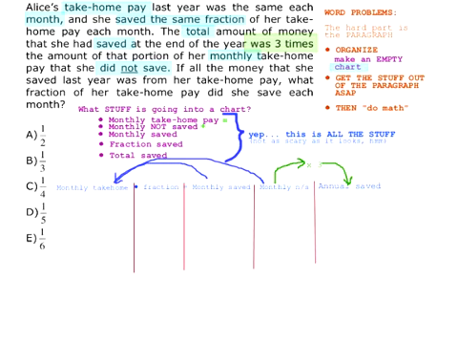Yeah, it's 12 times the monthly saved, because the same thing is happening every month. And then the goal of the problem is to find the fraction column. That's this yellow thing, the goal of the problem.